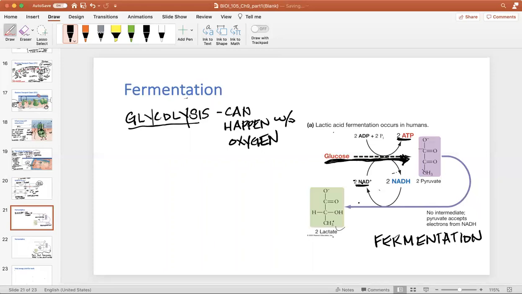Okay, what happens in fermentation is there is an enzyme, an enzymatic reaction that converts pyruvate into a molecule called lactate or lactic acid. Okay, so there's an enzyme, it's actually called lactate dehydrogenase.